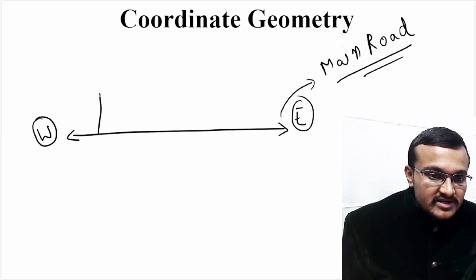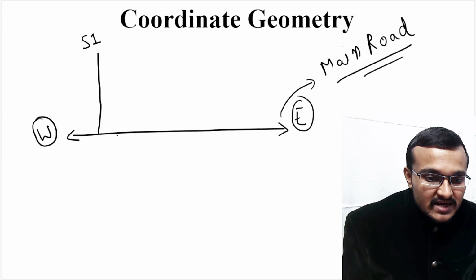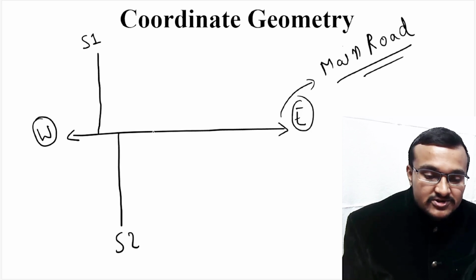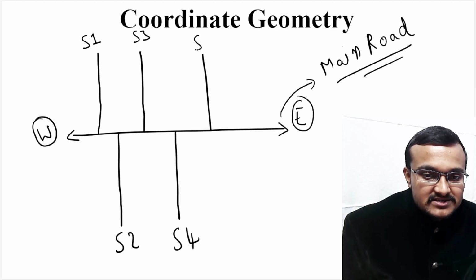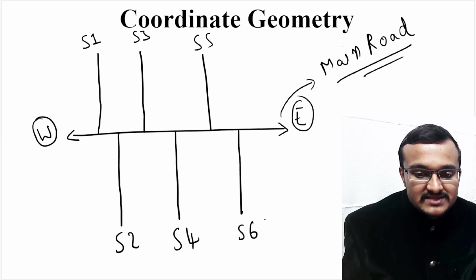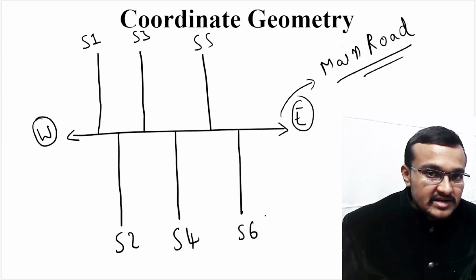There will be one particular street like this. Let's call this as street 1. And there will be one more street like this. Let's call this as street 2. And there will be one more road like this, which let's call as street 3. And there will be street 4, street 5, and also street 6. So like this, 6 crossroads will be attached to this main road.